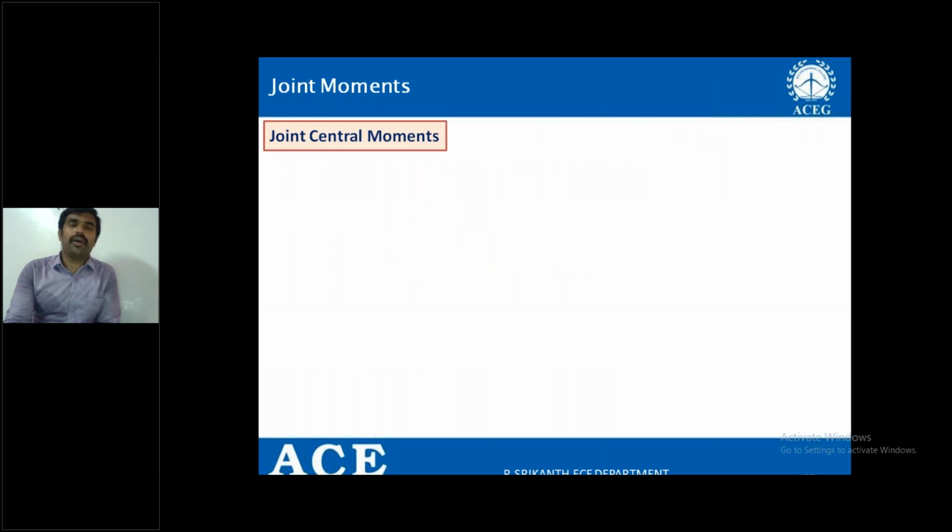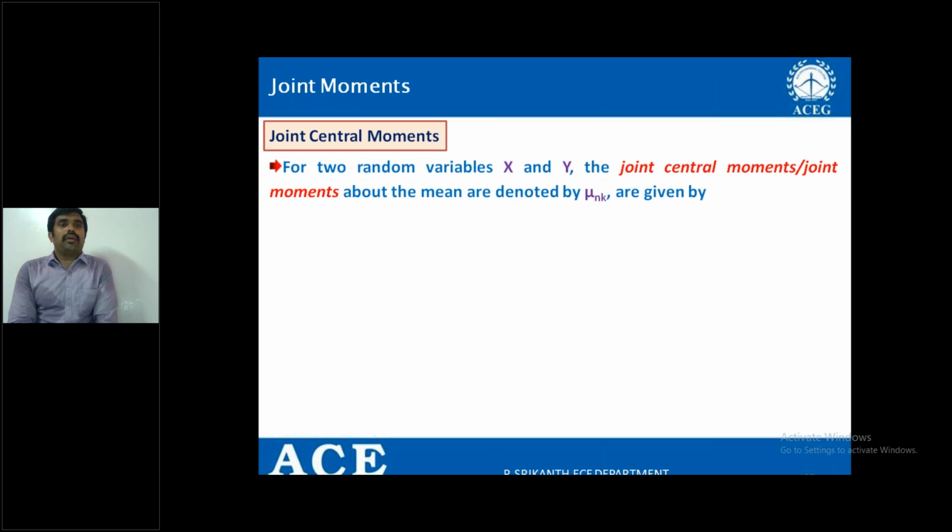Fine. Now let us come to the joint central moments, or moments about the mean. Here, for the two random variables x and y, the joint central moments, which are the joint moments about the mean, are denoted by mu suffix nk, and are given by mu suffix nk equal to expectation of (x minus x bar) whole power n into (y minus y bar) whole power k.